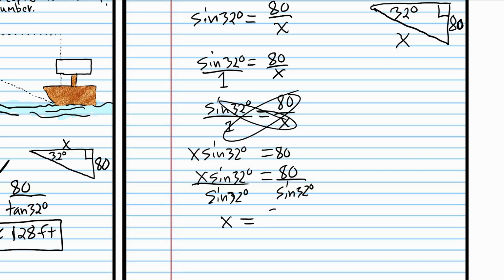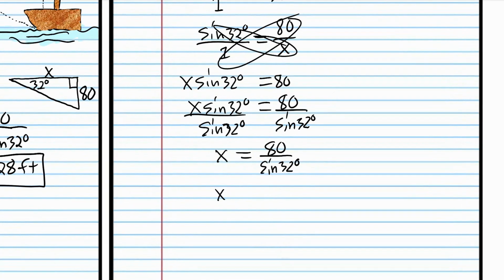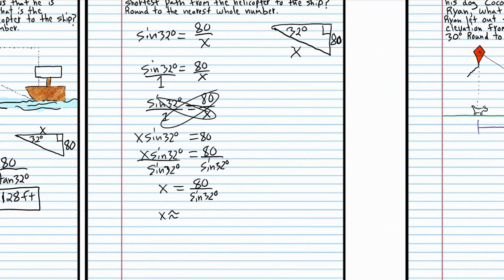Then we get x is equal to 80 over sine 32 degrees. So now we can just approximate x with the calculator. Again, be careful how you do this. It's 80 divided by 32, sine button, equals. So we have 151 feet.